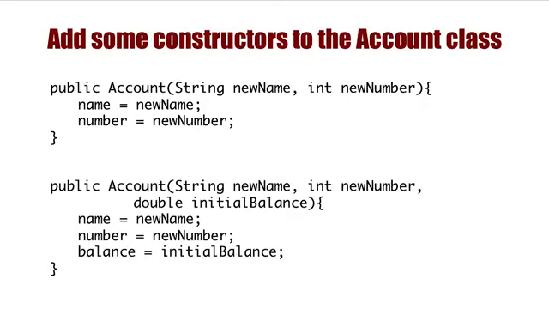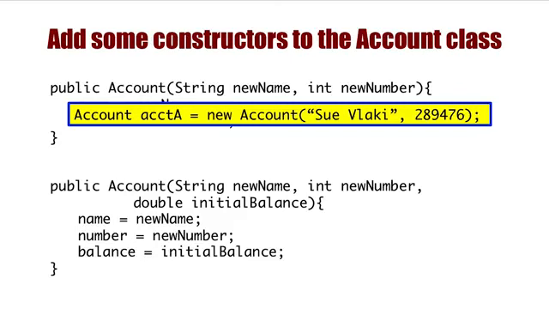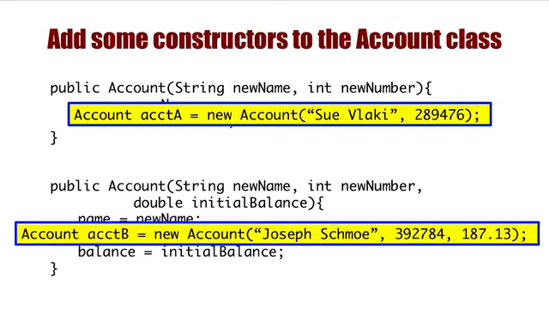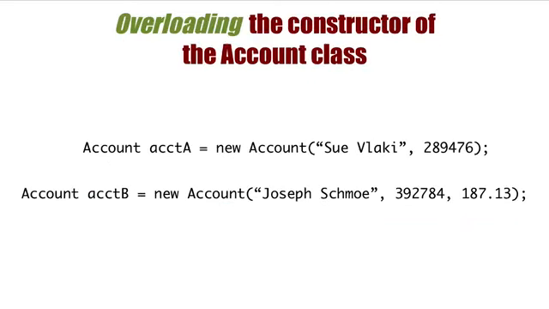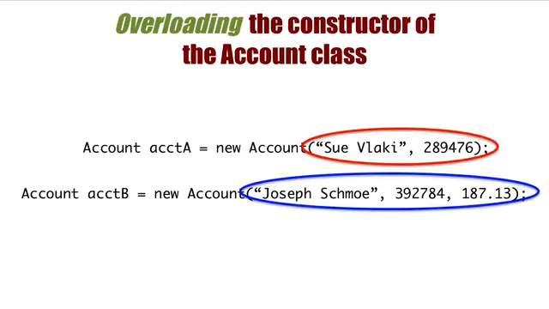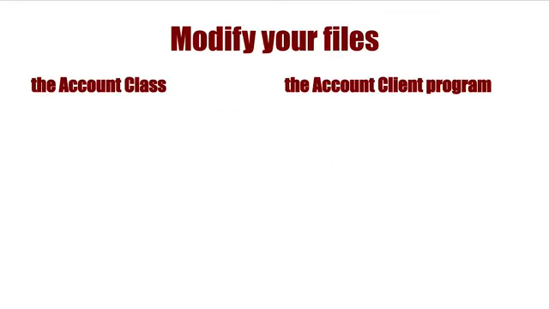They are usually public, and they never have a return value. This is how we can recognize them as constructors. Calls to these methods would look like this. Notice that both constructors have the same name but different parameter lists. This is an example of overloading a method. The compiler will recognize which constructor you are calling by the parameter list.